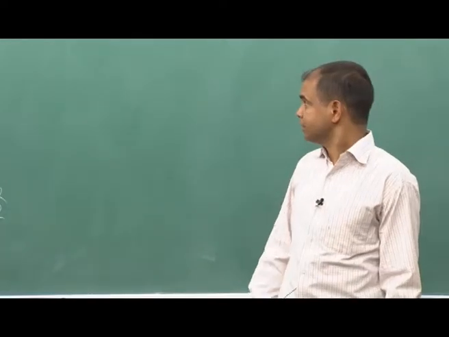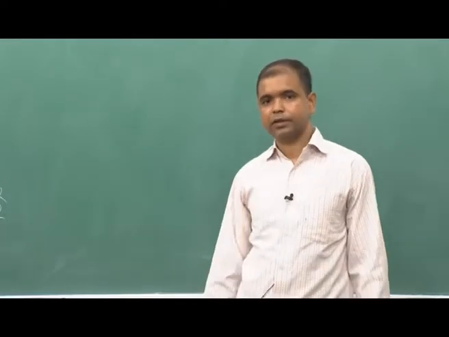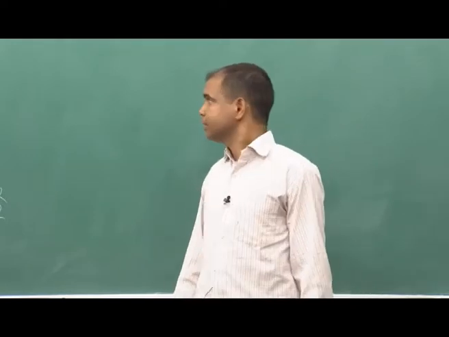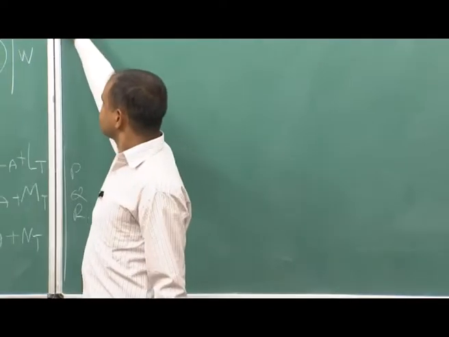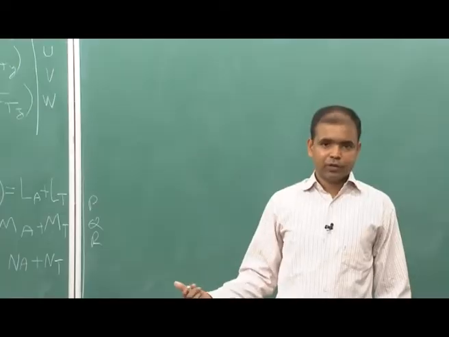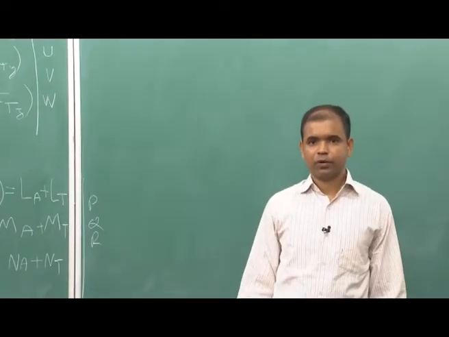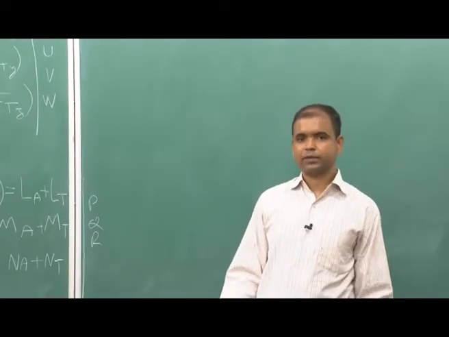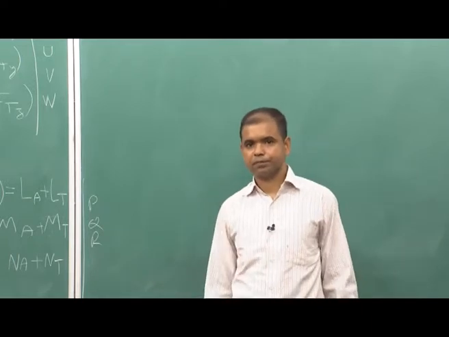Now, the question is how we can find the trajectory of the aircraft. We have three velocity components, and these are in the body frame of the aircraft. To determine the trajectory, we will require these velocity components in the inertial frame, because whenever we talk about the trajectory, obviously we are talking in terms of the inertial frame.